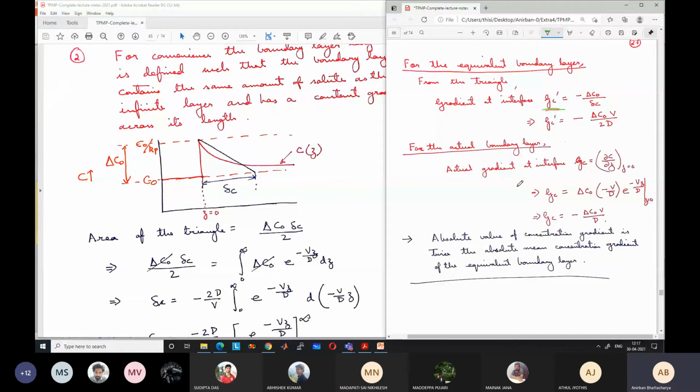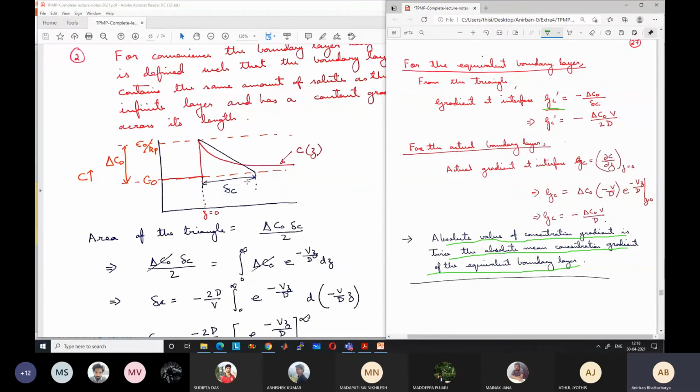It has a sharper slope, which is equal to minus C0 V by D. The artificial boundary layer has a slope of minus C0 V by 2D. So the absolute value of the concentration gradient at the interface is twice the absolute mean concentration gradient of the equivalent boundary layer. So the mean concentration gradient is half of the actual concentration gradient at the interface.